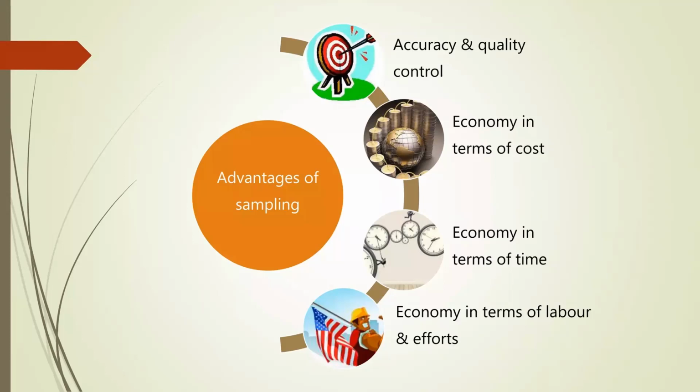Because use of sampling takes less time, as I said, if you are going to do the same thing for the whole population, it will definitely take more time. It consumes less time than the census technique, in terms of tabulation, analysis, etc. If you want to prepare the analysis or make the tables, it will take much less time for the sample as compared to the population.